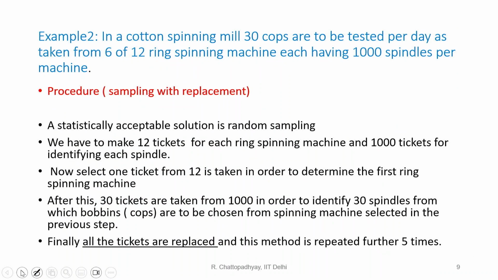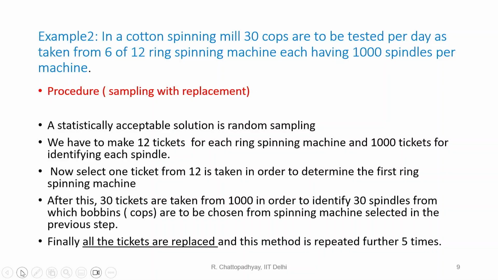Next, another example. Suppose in a cotton spinning mill, 30 cops are to be tested per day as taken from 6 to 12 ring spinning machines, each having 1000 spindles per machine. So we have 12 ring spinning machines and 1000 spindles.